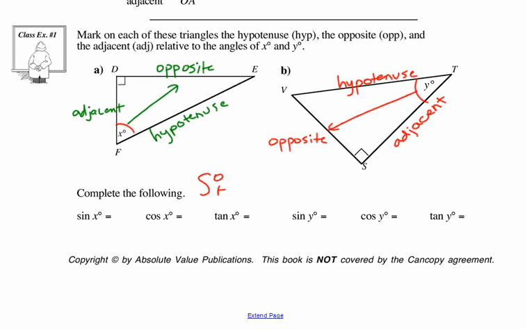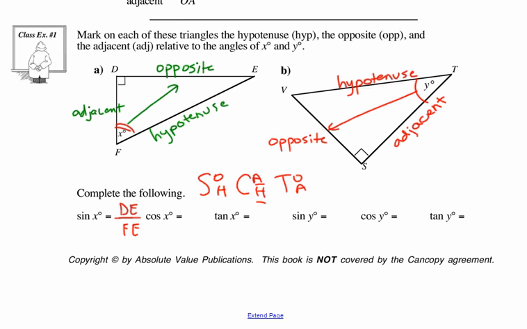So let's complete these ratios. SOH CAH TOA. Okay, so sine of x, opposite over hypotenuse. So here's x. Our opposite is side DE over our hypotenuse, which is going to be side FE. Cos is adjacent divided by hypotenuse.